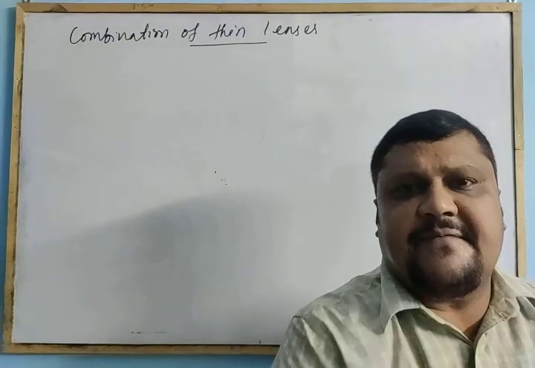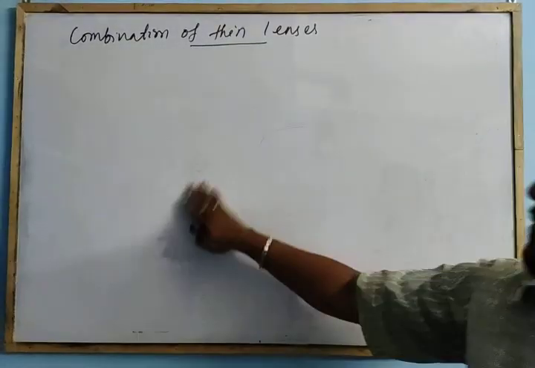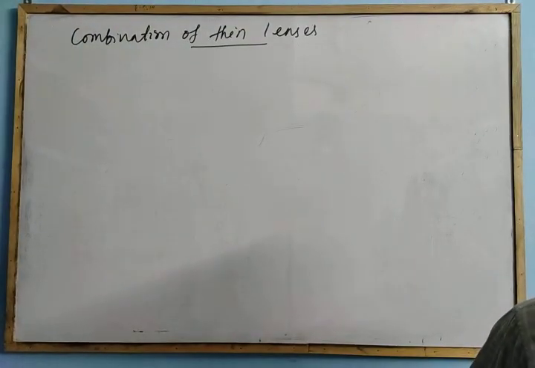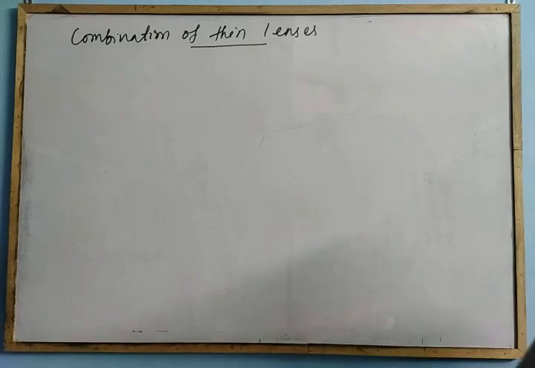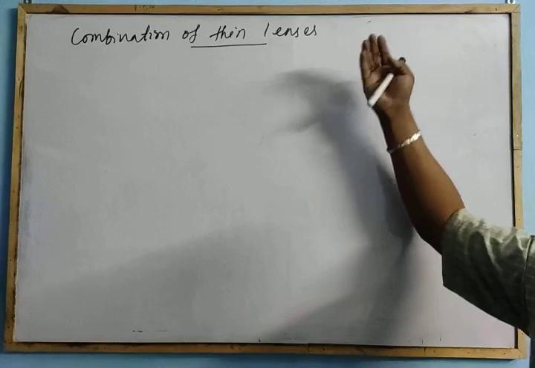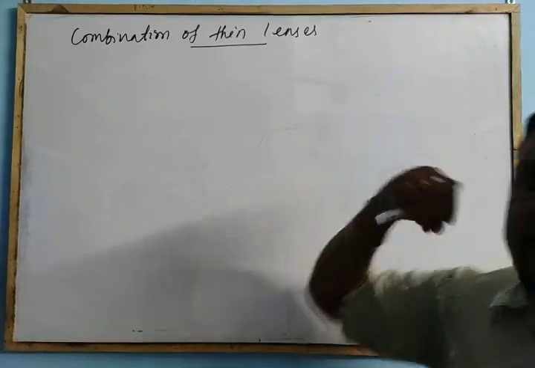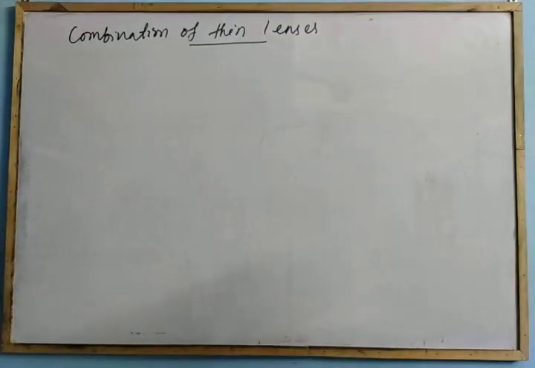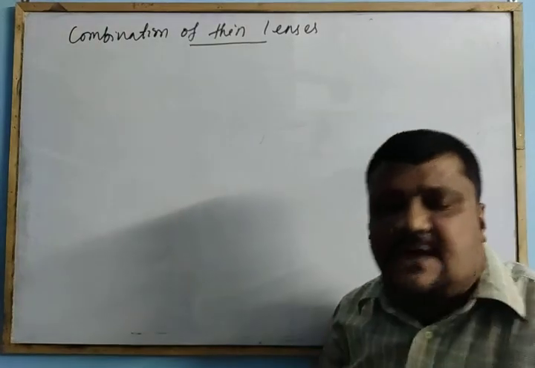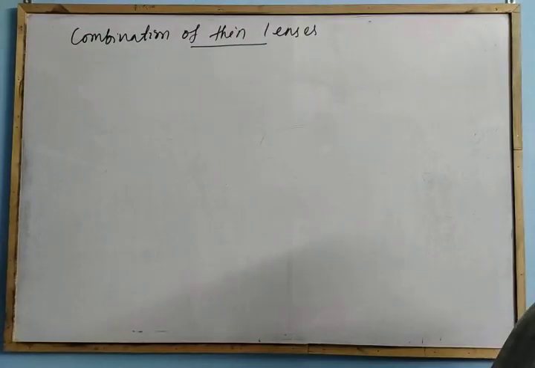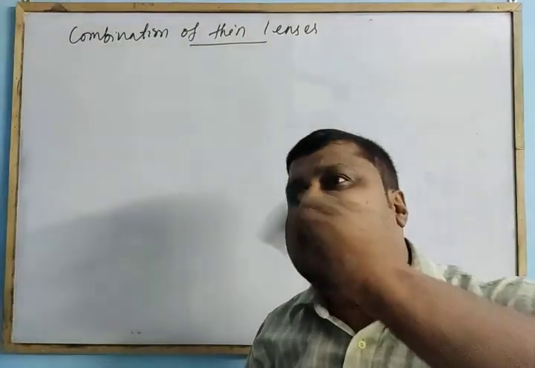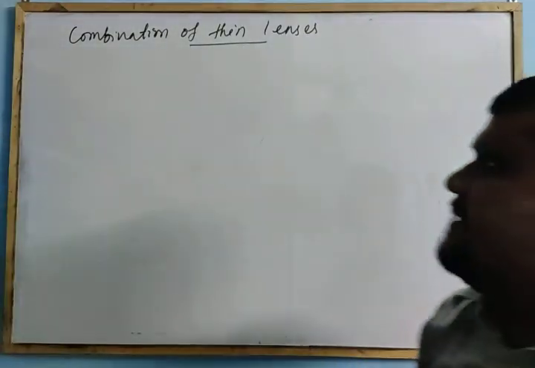They are placed nearby. So that is the combination of lenses. In optical instruments we use a number of lenses to magnify the image, to increase the sharpness of the image, or to increase the field of view of the image.